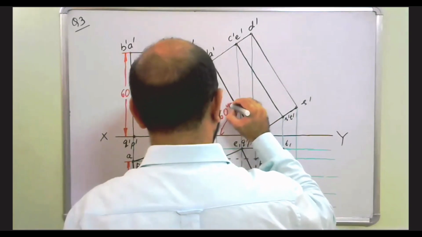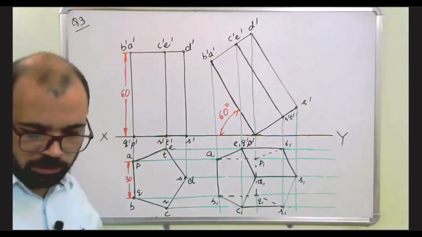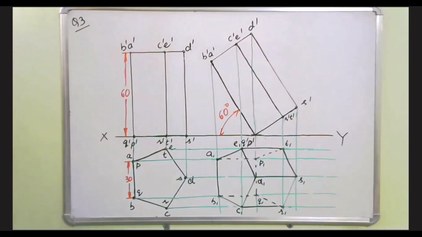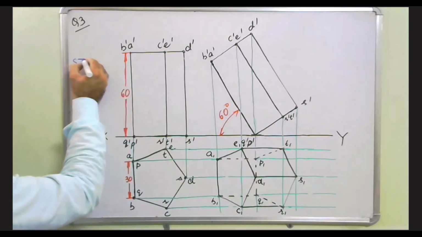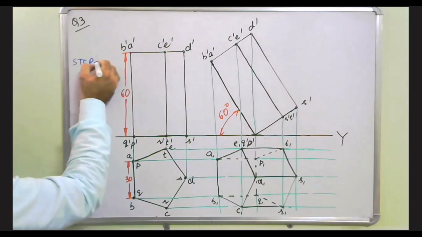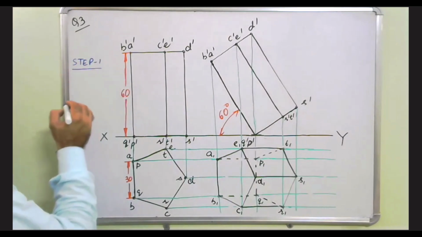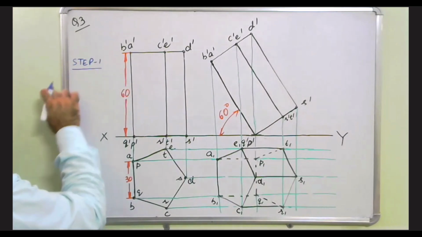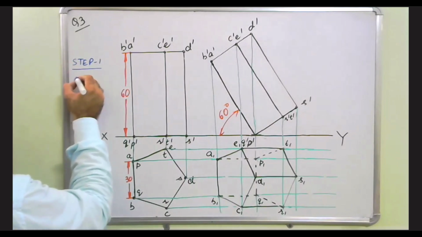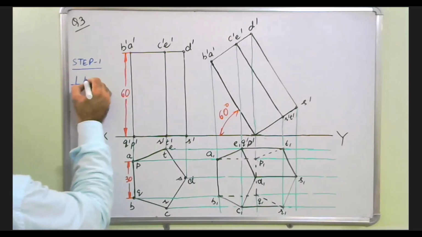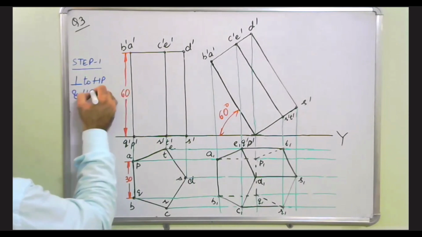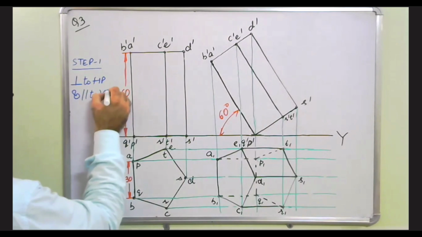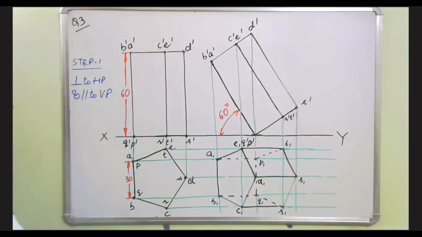60 degree to HP. Your solid is inclined at 60 degree to HP. So if I just write it down here, so this is step 1, where the prism is perpendicular to HP and parallel to VP, right?